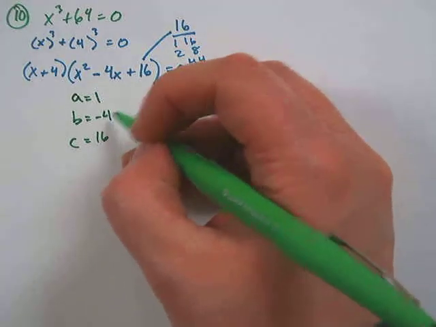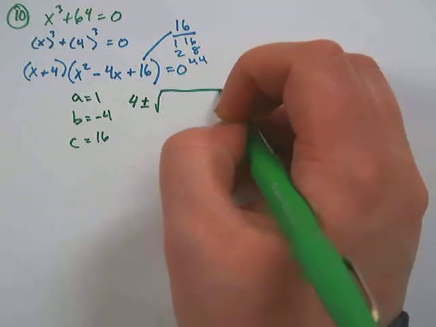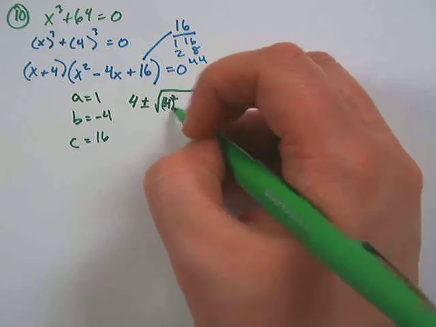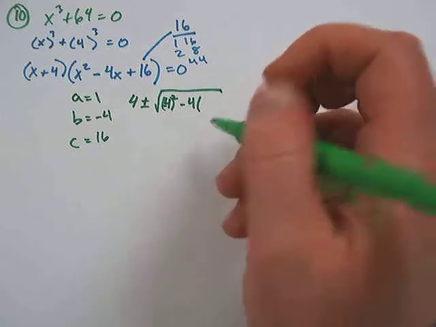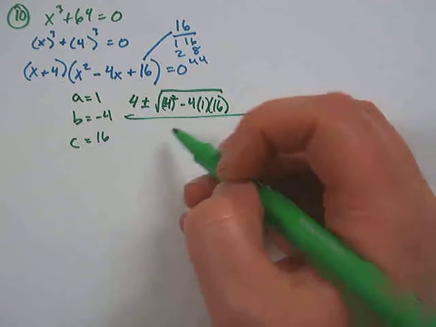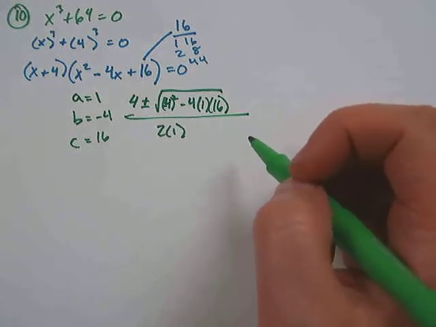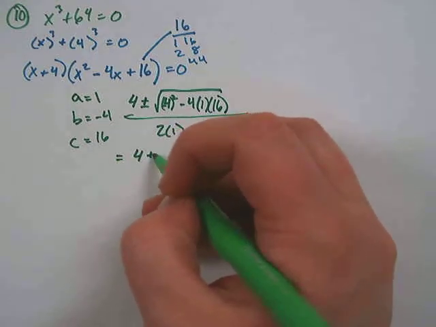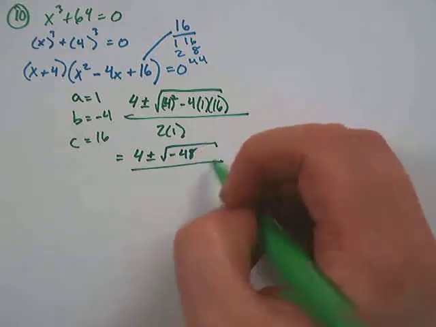Alright, so negative b, so negative 4 gives us positive 4, plus or minus the square root of b squared, so negative 4 squared, minus 4 times a times c, so times 1 times 16, all divided by 2 times a, so 2 times 1. So simplifying what we have up here, we get 4 plus or minus the square root of negative 48, all over 2.